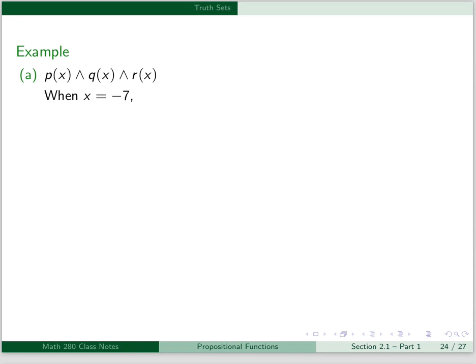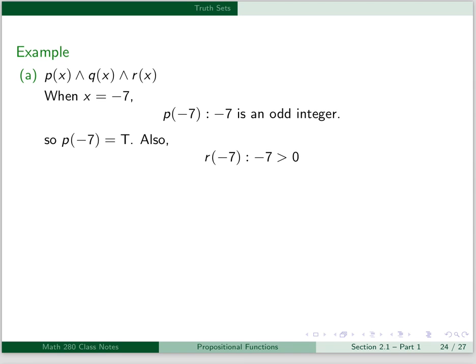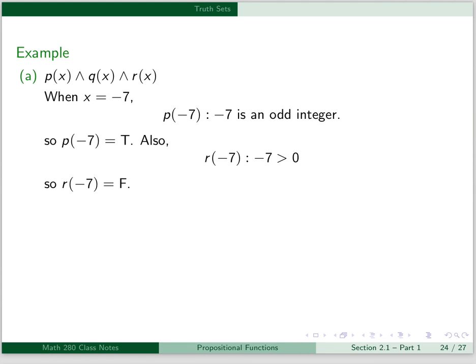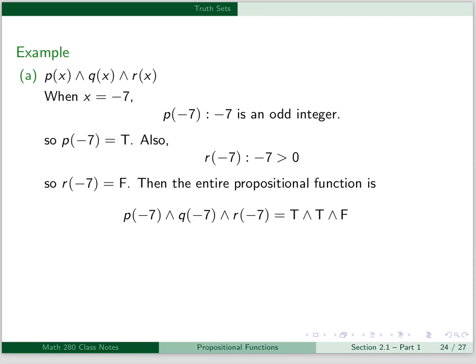When x is equal to -7, p of -7 is "-7 is an odd integer," so p of -7 is true. Also, r of -7 is "-7 is greater than 0," so r of -7 is false. Then the entire propositional function is p of -7 and q of -7 and r of -7, which is true and false, which again is false.